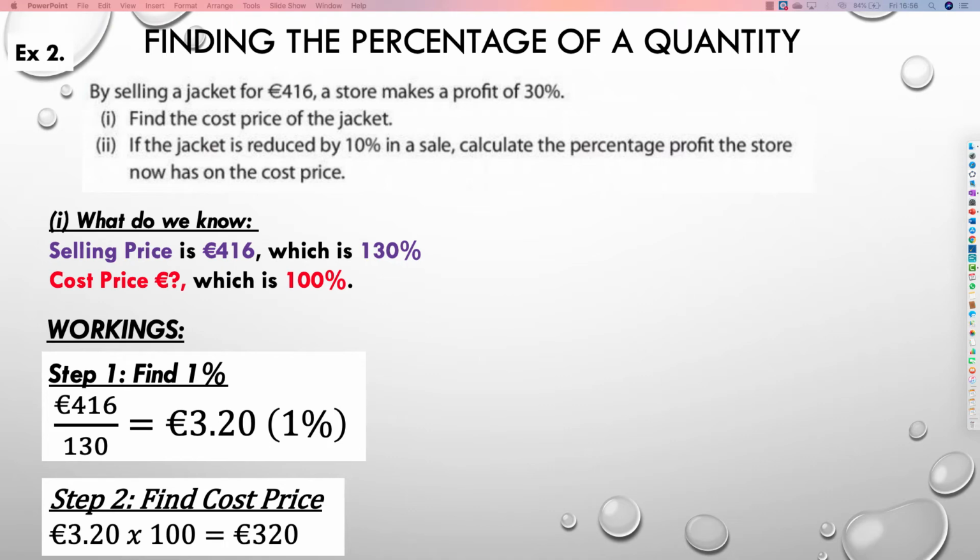Yeah. So 10% of 416 is €41.60. Right. What is my formula for percentage profit?